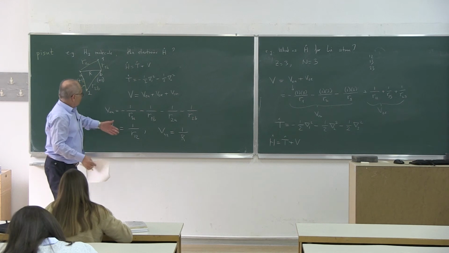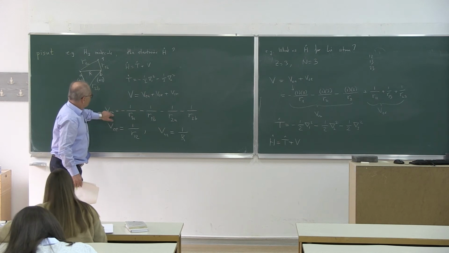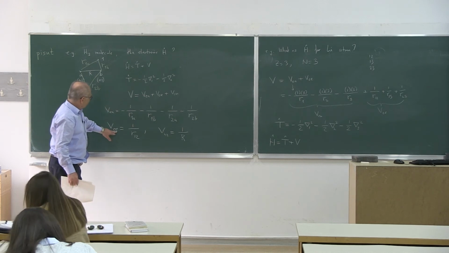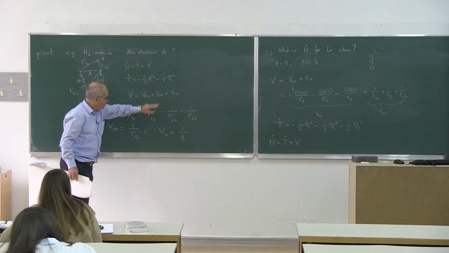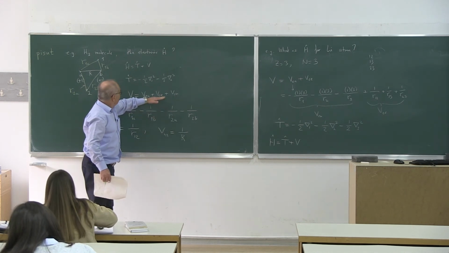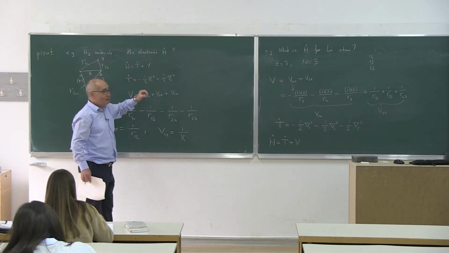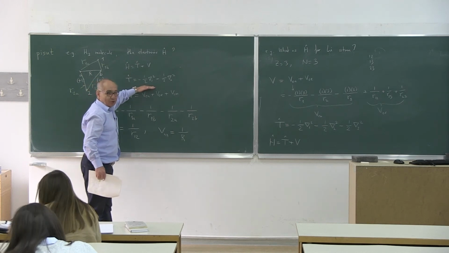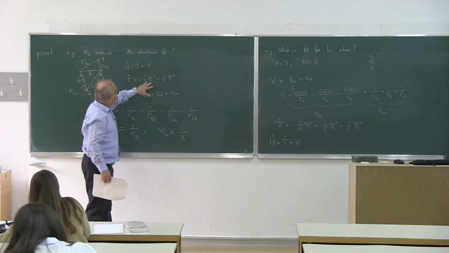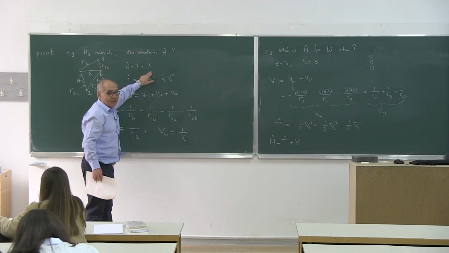Okay, so here, electron-nucleus attraction, sorry, electron-electron repulsion, this expression for this one, and nucleus-nucleus repulsion for that one. So that gives us the complete potential energy function explicitly. Kinetic energy is this term for the electrons, and for the Hamiltonian you just substitute these expressions for kinetic energy and potential energy.